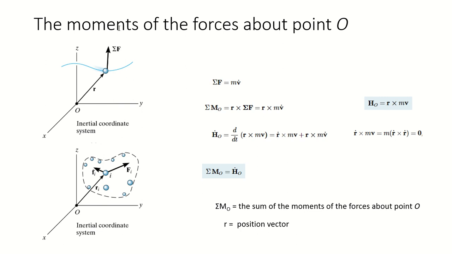Now we're going to branch into the moment of the force. Instead of angular momentum like that, we're going to bring in another symbol, M, for moment. The same thing: the sum of your moments of your forces is equal to r, the distance from O to the plane of your motion, times mv, with a little dot right there. That's just a momentum, by the way.